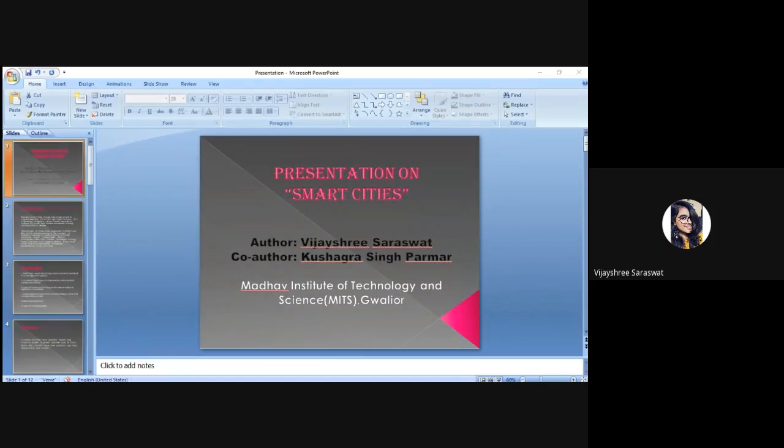It was IBM which started working on this concept, and presently there are 10 world-known smart cities: Singapore, Dubai, Copenhagen, Boston, Amsterdam, New York, London, Barcelona, and Hong Kong. Even India is not lagging behind. It has some smart cities like Ahmedabad, Bangalore, Bhubaneswar, Pune, and many more.